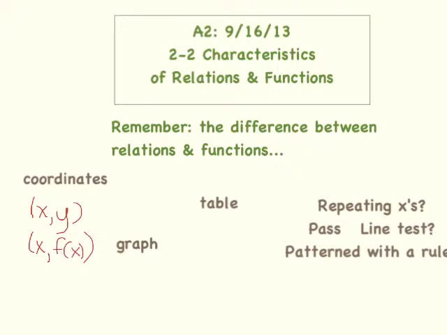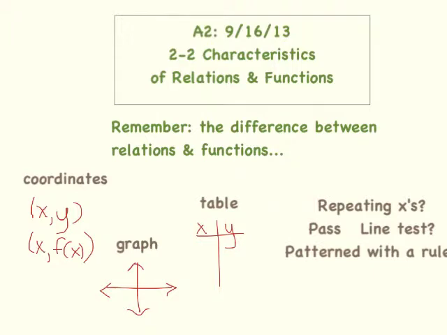We can show relations and functions with a graph on the coordinate plane, sometimes all four quadrants, not always. We could also show them with a table, an in and out table, or x and y list.